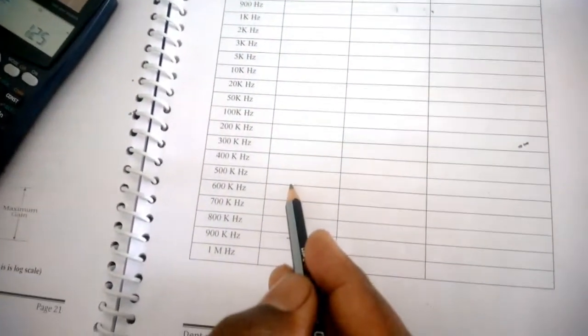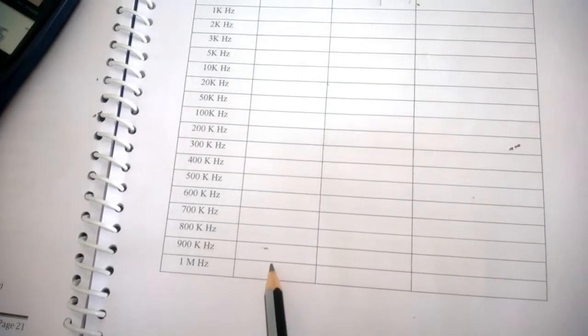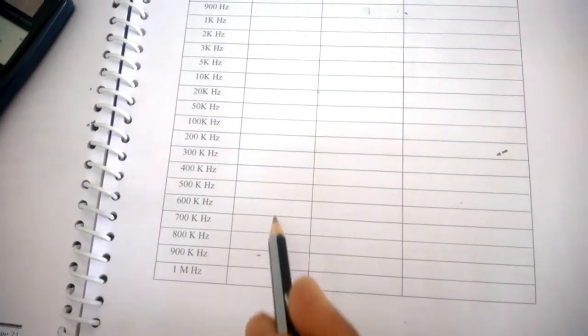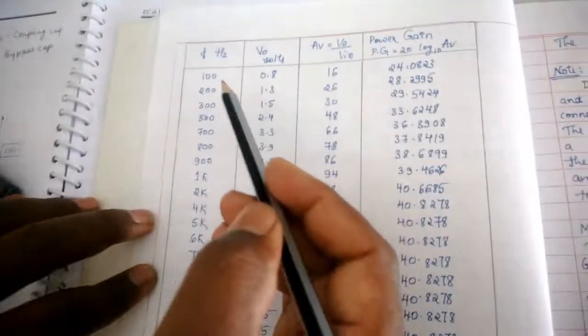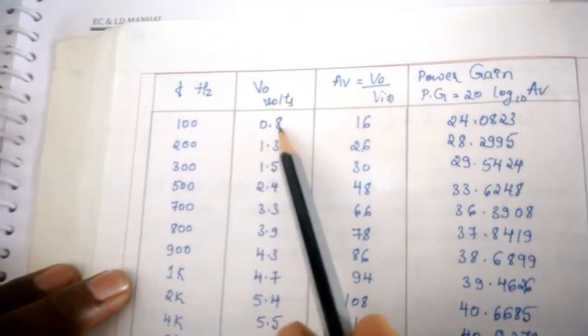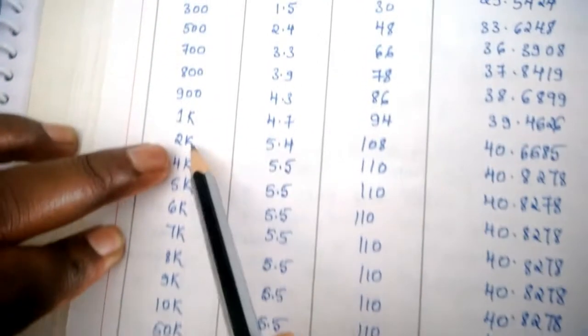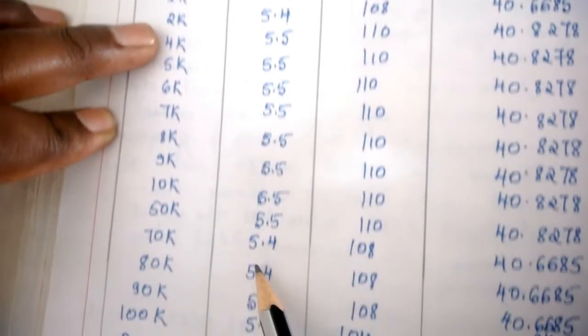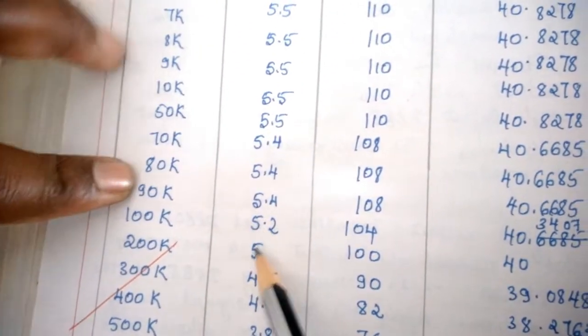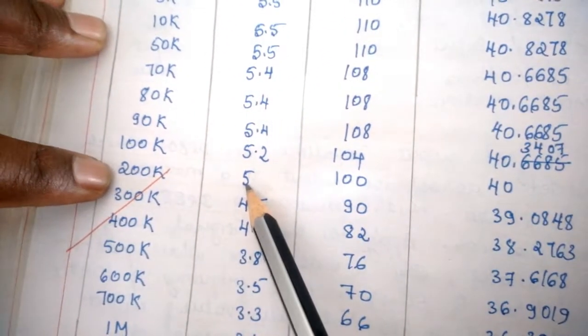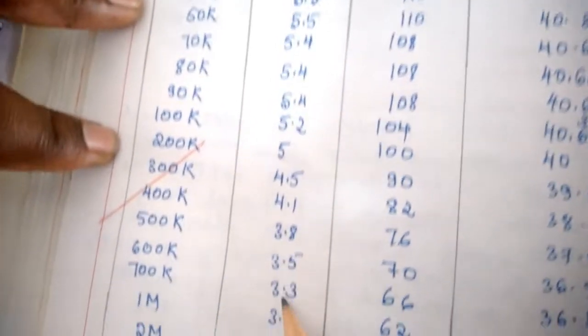At a high band frequency the output voltage again reduces. We already calculated for 100 Hz 0.8, for 200 Hz 1.3, something like this. From 2k onwards it will stay constant up to 200k, then again it will start decreasing.